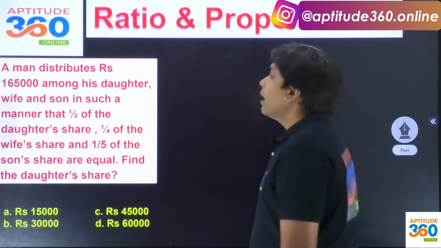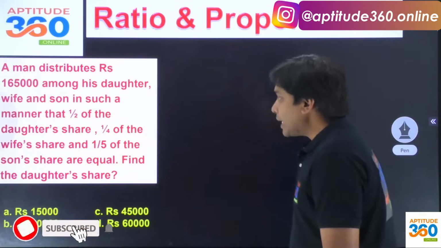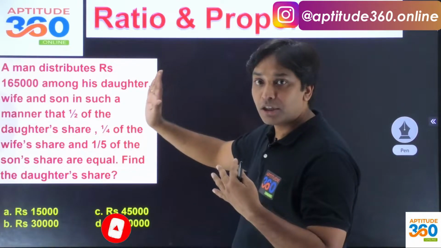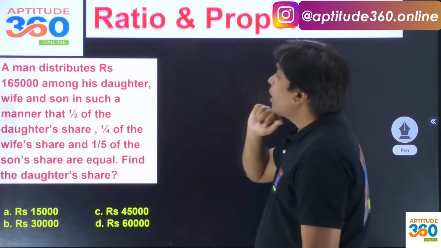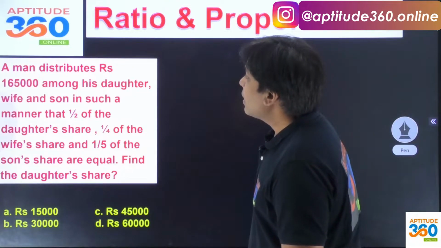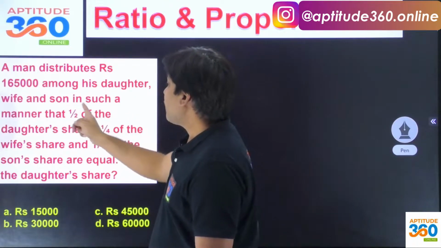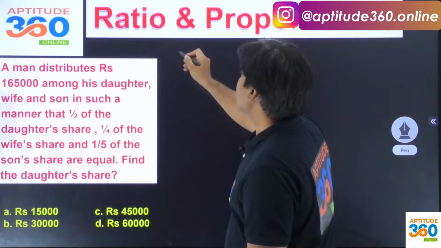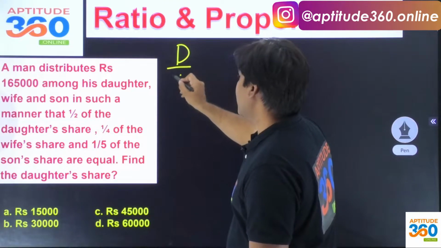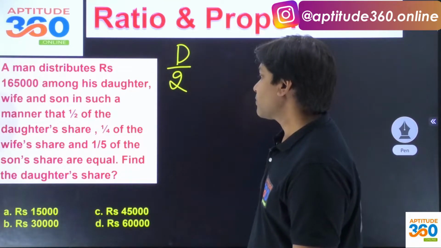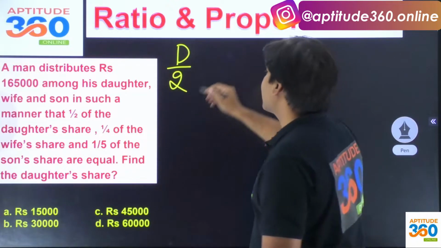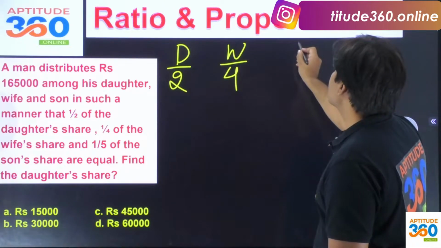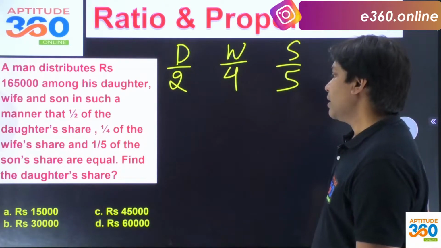Now read this problem and try to solve this question on your own, because you have everything that you should have to solve the problem. A man distributes this much rupees among his daughter, wife and son in the ratio such that half of the daughter's, so half of daughter, and 1/4 of the wife's and then 1/5 of the son's, they are equal.